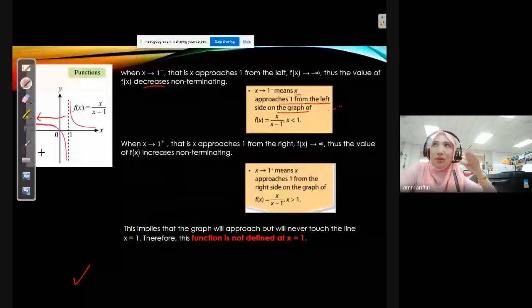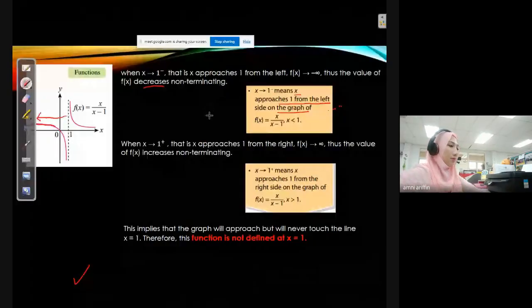Maksudnya dia akan menghampiri nilai, sekejap.